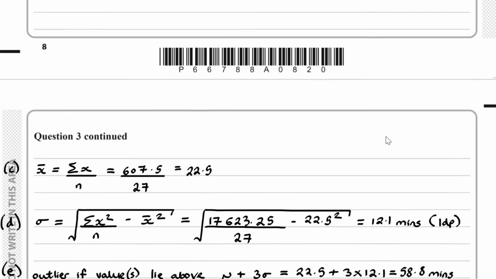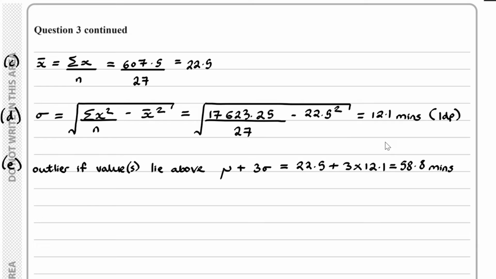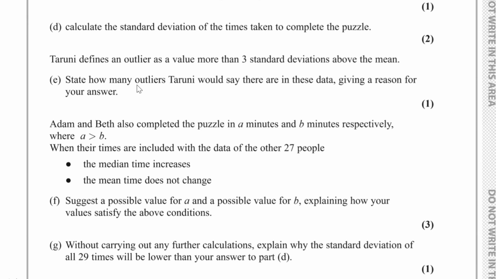So therefore, in conclusion, we have only one outlier, which is the 68 minutes. For part F of the question, Adam and Beth also completed the puzzle in A minutes and B minutes respectively, where A is greater than B. And when their times are included with the data of the other 27 people, the median time increases and the mean time does not change.